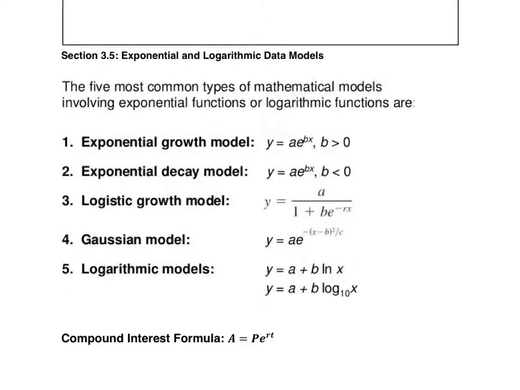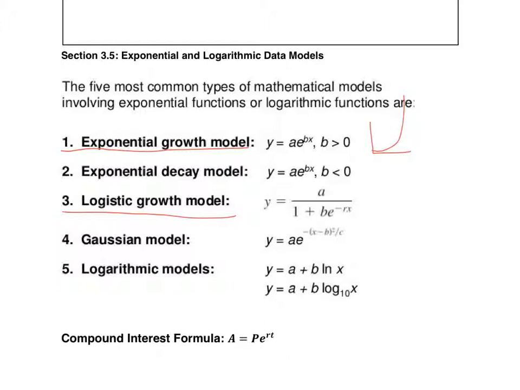The reason is simply because exponential models have unrestricted growth. It's going to keep growing and growing and growing forever. Its graph looks like this.